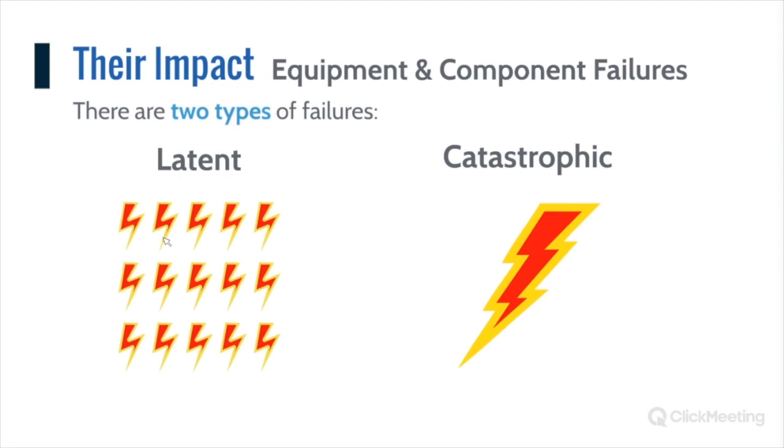We've illustrated with lightning surges, but they're small. And with every one of these, there's some degree of degradation or process interruption or misoperation, those kind of things, with every single one of these. But we have the big catastrophic, and it just takes the one big one, and it causes immediate damage.